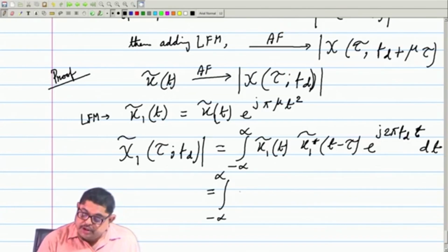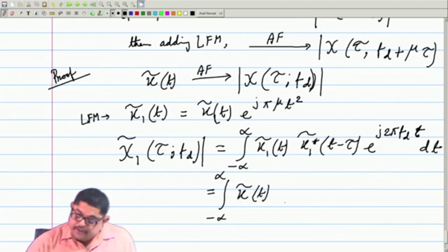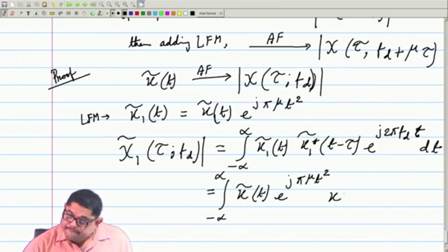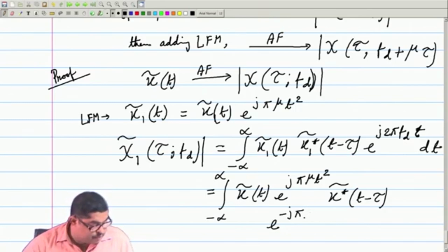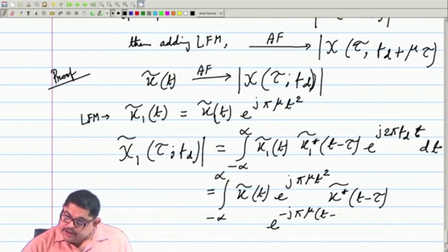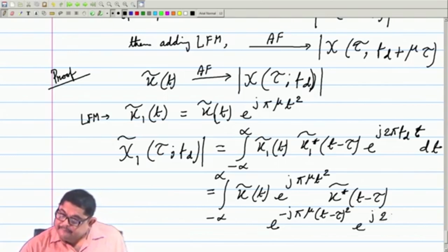Now, x1(t) we can put the value x(t) e to the power j pi mu t square, then t minus tau e to the power, since it is complex, under minus j pi mu (t minus tau) square e to the power j 2 pi f d t dt.